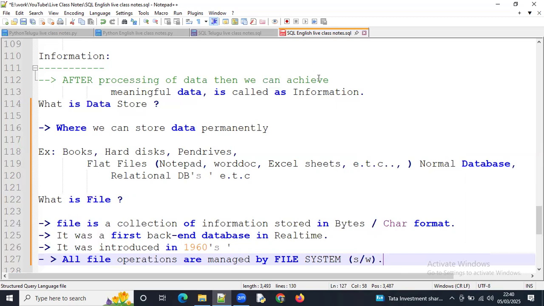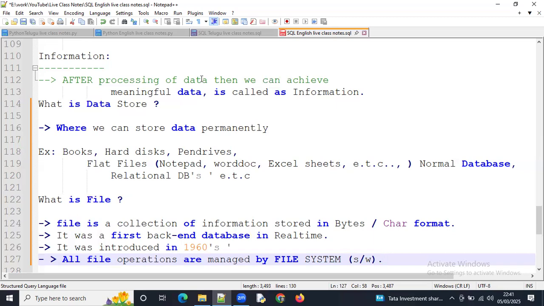Today, what we have discussed in today's class, first one is information. Information is the processing of data; after processing some data, we can achieve meaningful data, which is called information.